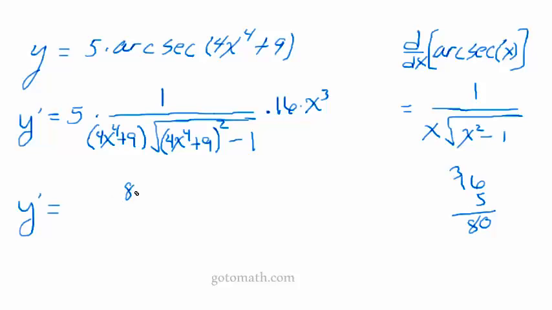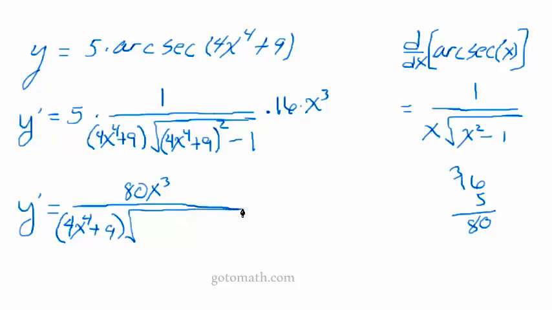So we have 80x to the third over, we have to rewrite all this: 4x to the fourth plus 9, then the square root of 4x to the fourth plus 9 squared minus 1. Is that it? I hope that's it.